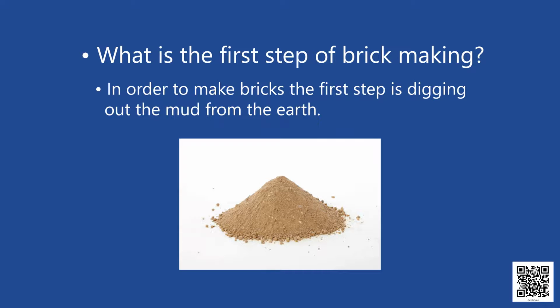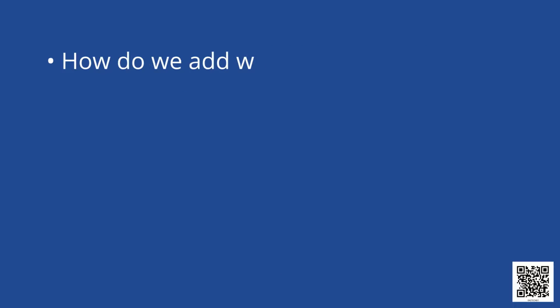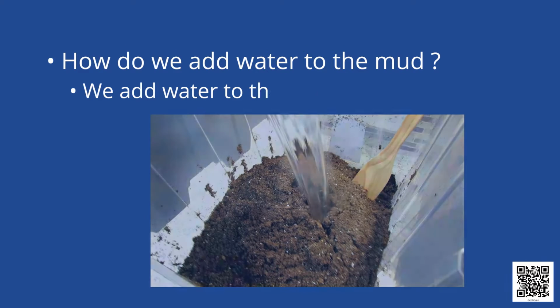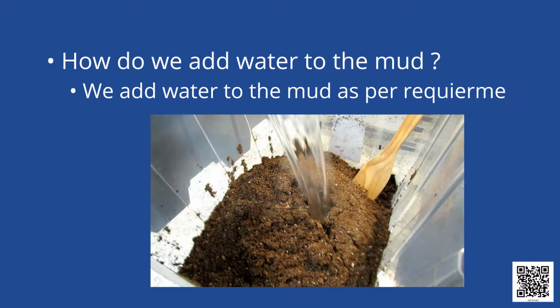Next, how do we add water to the mud? Yes, try and answer. Yes, we add water to the mud or the soil as per the requirement as we need to make a dough.